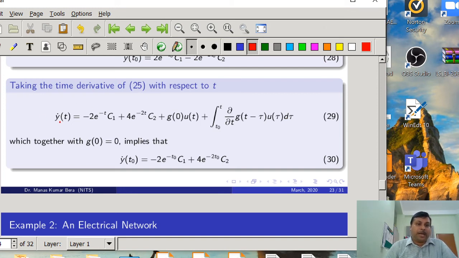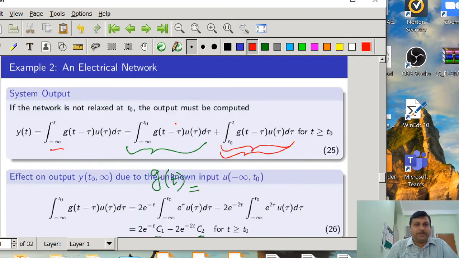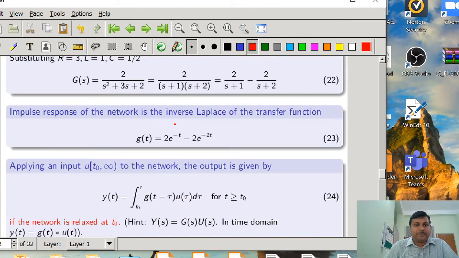Now again we want to calculate y dot of t0, and at that time we are assuming that z0 is equal to 0. That also can be verified from the expression of g of t. You see the expression of g of t: g of t is equal to minus 2 e to the power minus t minus 2 e to the power minus 2t.